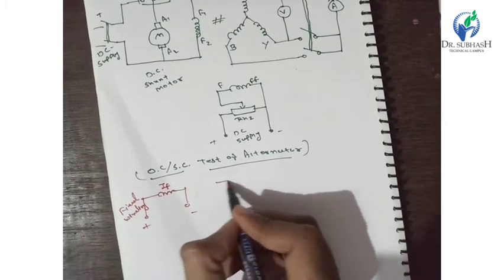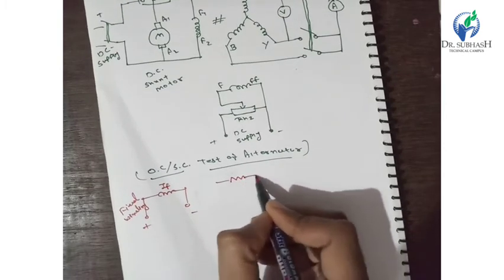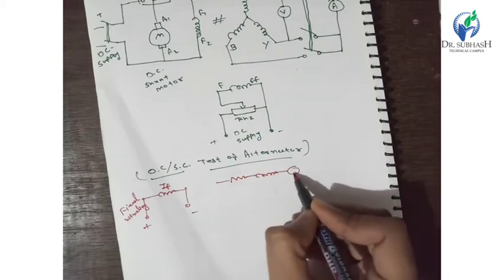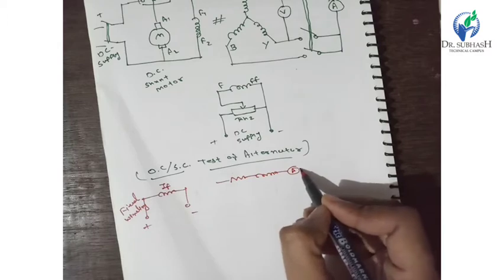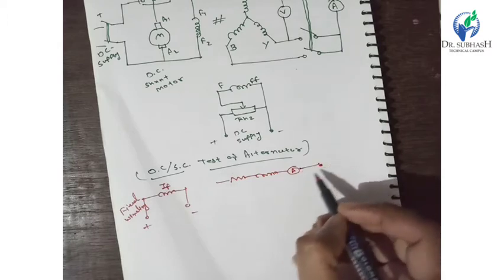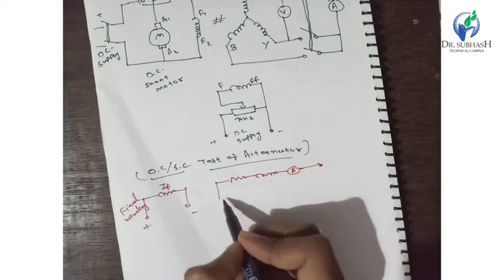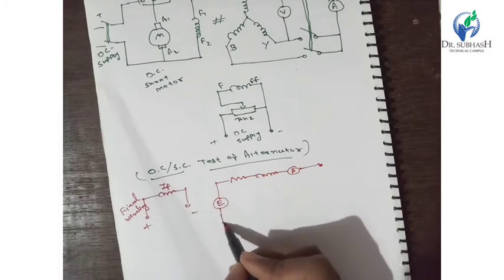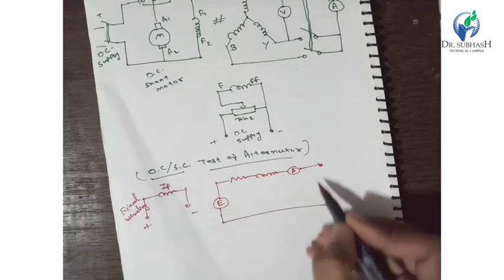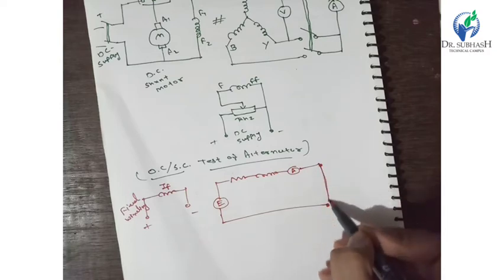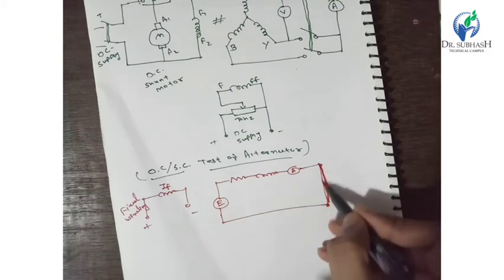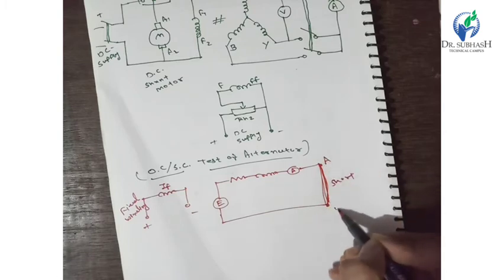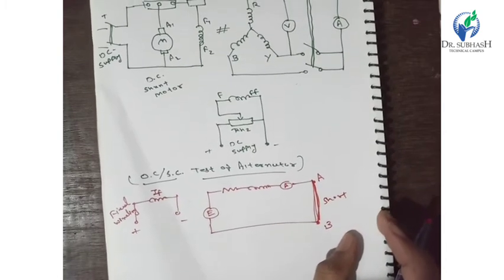There is a connection of resistance, inductance and an ammeter here. There is an EMF value here. There is a short connection between point A and point B.